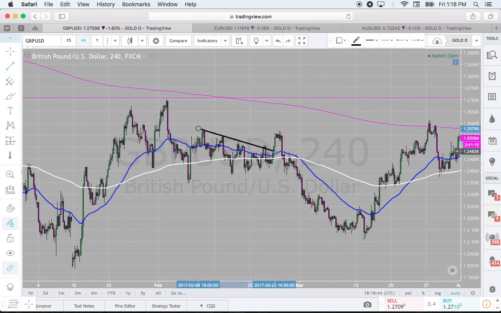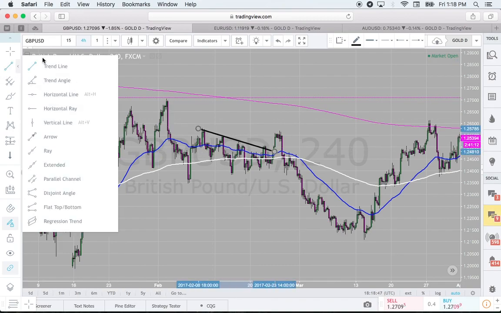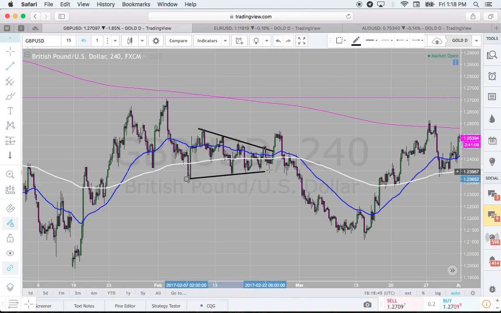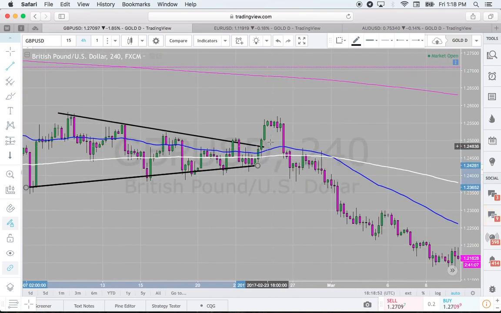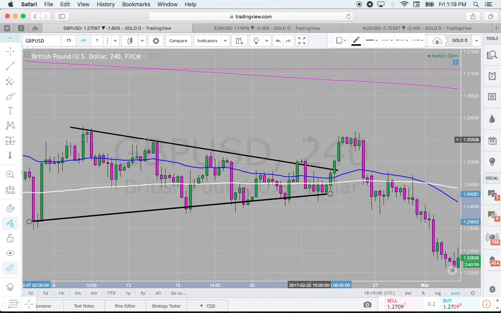So here we can see a wedge formation right here with a breakout to the high. And how retail traders trade these wedges is they will normally trade the breakout of the wedge. That's what the retail trader is taught, and I'm sure you've heard of that before. I'm sure you've seen the graphs or the info charts of different wedges and how they break out and how you're supposed to trade them.